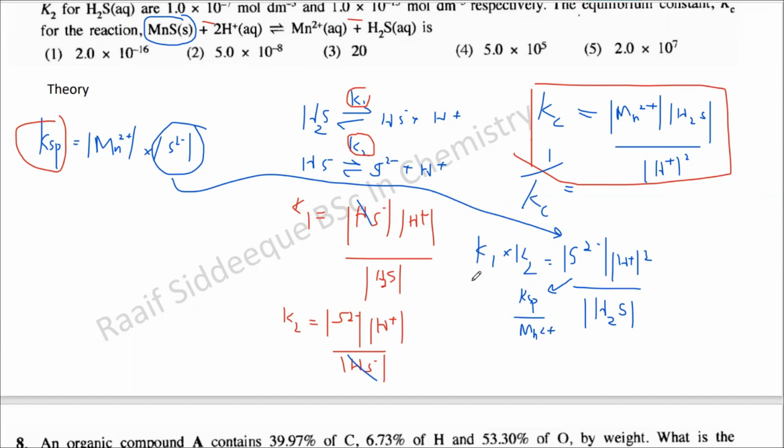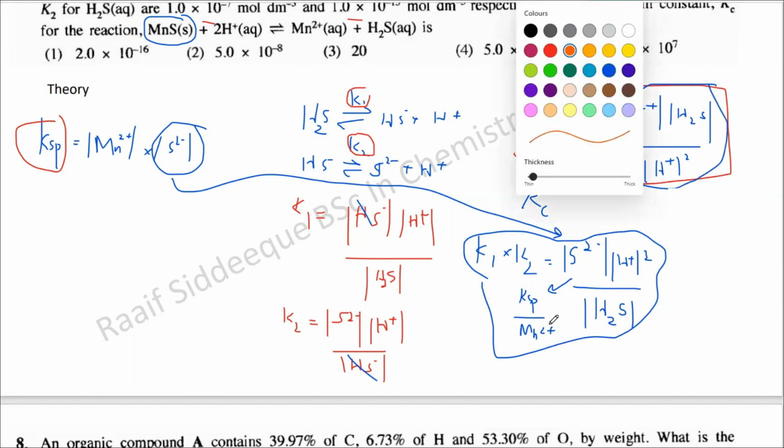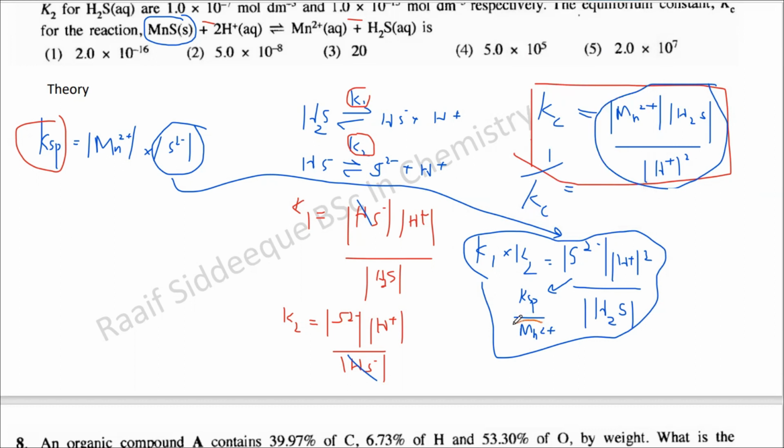Automatically you will have the relationship very similar to this one, because in the resulting equation you have Mn2+ and H2S on one side, and H+ squared on the other side on top. There will be no S2- because we have substituted that using Ksp.